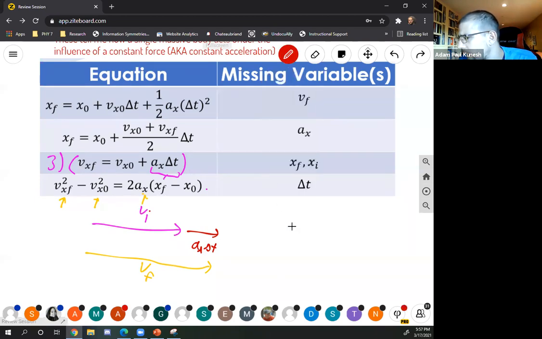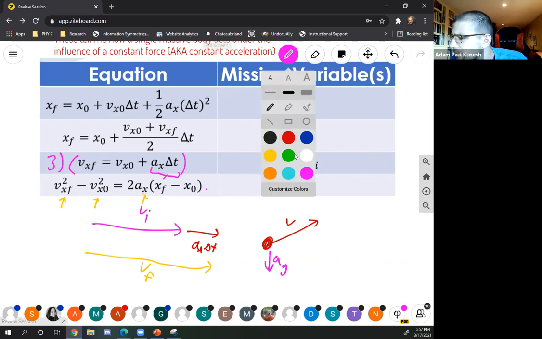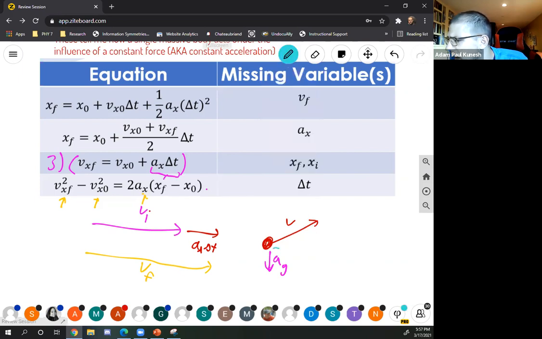For example, if I've got a velocity that points like this, and this is an object under the influence of gravity, the acceleration is a vector that points down, g, the acceleration due to gravity. The only component of velocity that's going to change is the y component. Here's vx, here's vy.